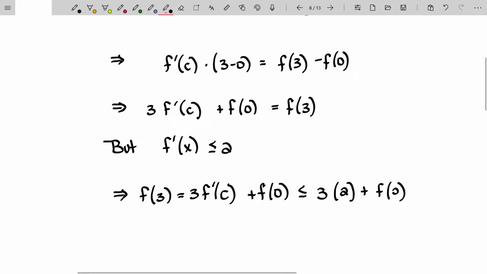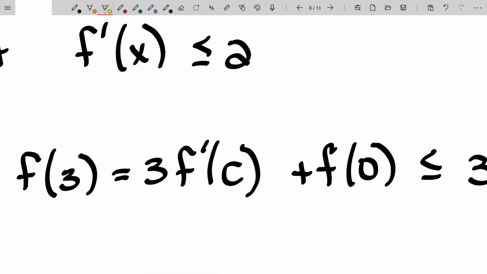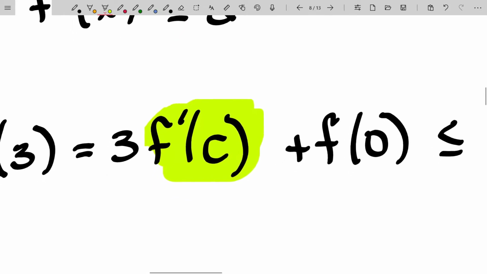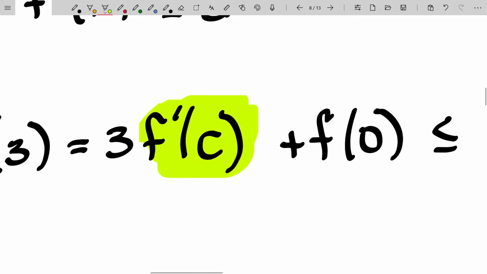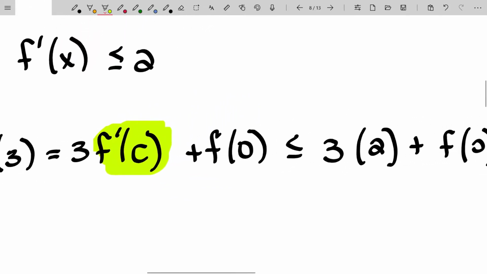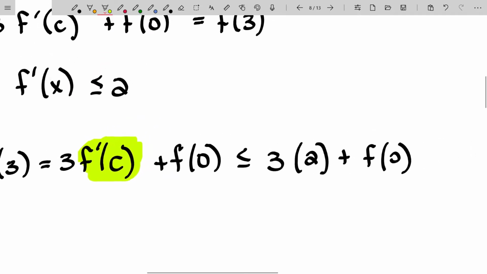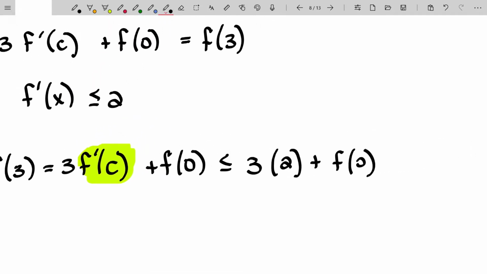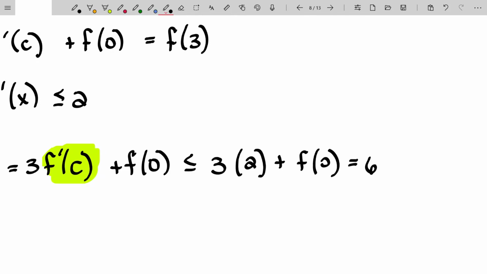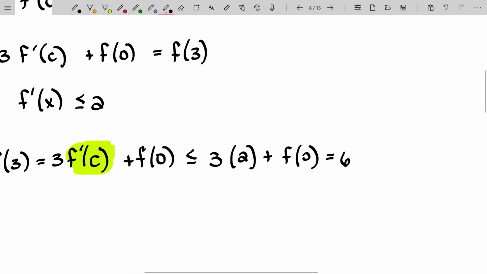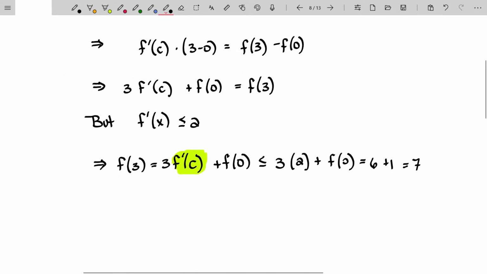Because we know the derivative is always less than or equal to 2, this expression, 3 times f prime of c plus f of 0, is less than or equal to 3 times 2 plus f of 0. And that's 6 plus f of 0, but we know what f of 0 is because they told us at the very beginning. That's just 1. So 6 plus 1, or 7. So this implies that f of 3 is less than or equal to 7.